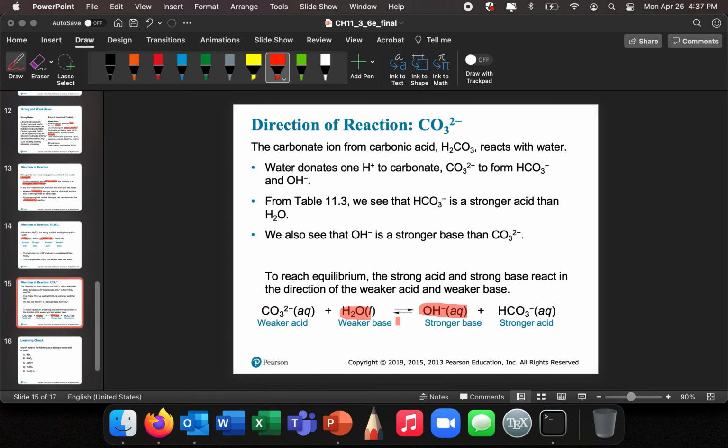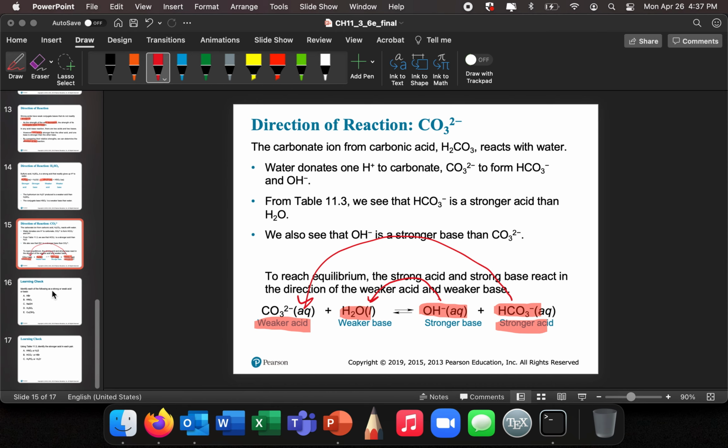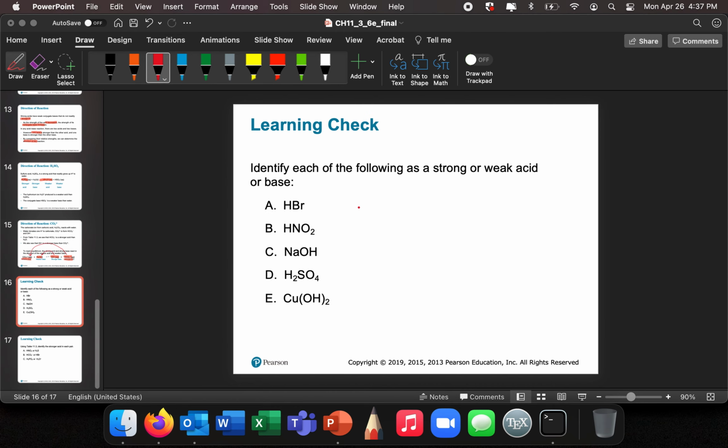Here's the stronger acid, and here's a weaker acid. That's what we said earlier. The reaction is going to tend toward the weaker acid, right? The stronger acid is going to go to the weaker acid, all right? And we can say the same thing about the base. The stronger base is going to tend toward the weaker base, and so that's going to help us predict the direction of the reaction, okay?